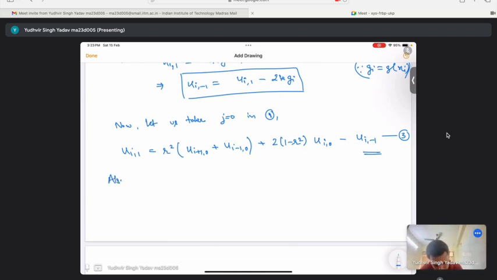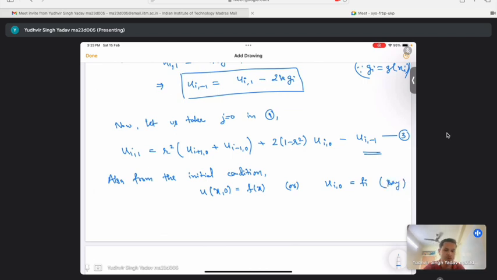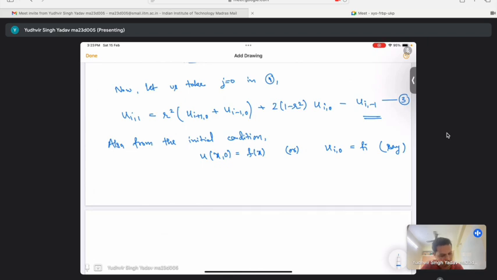Also, from the initial condition, we have u x,0 equals f of x, or u i,0 equals f i. Let us say we have assumed this notation. So this is another initial condition. Now we will substitute this in the difference equation 3.